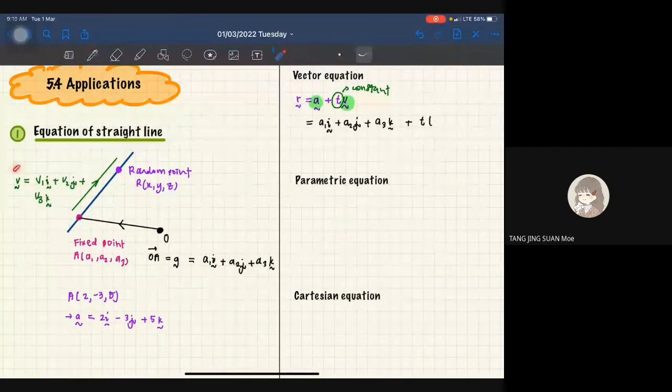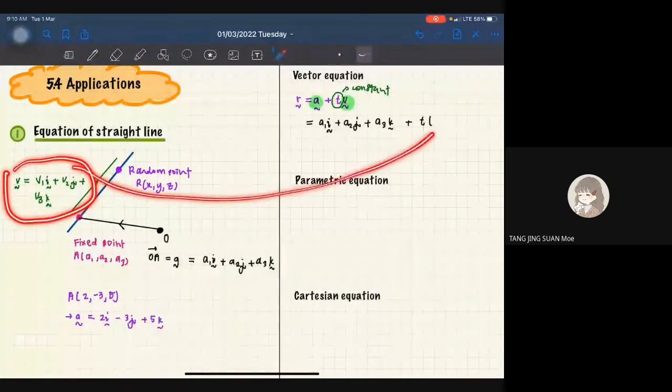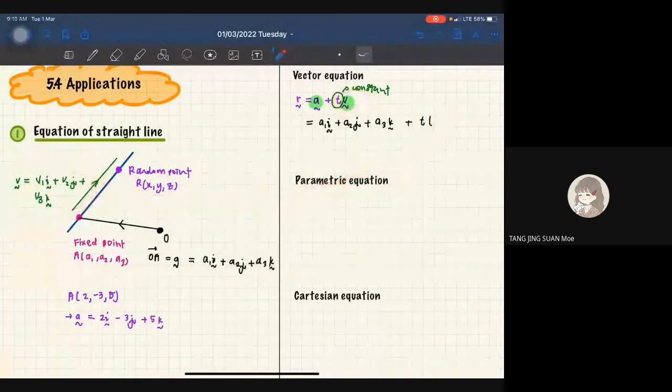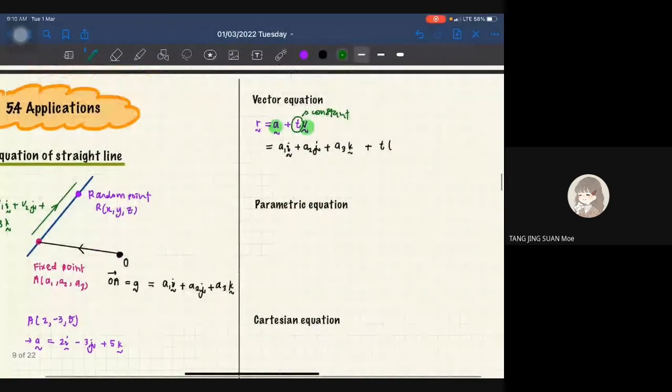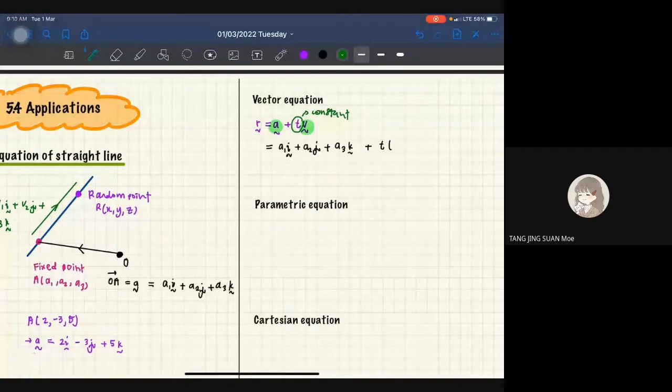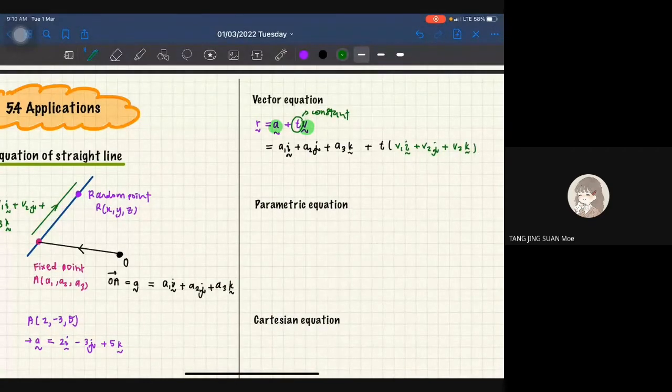So you just need to substitute this one into this one. Okay, so awak akan dapat apa kat situ? So you will get V1I plus V2J plus V3K. Settle. Okay, so ini adalah kita punya vector equation.